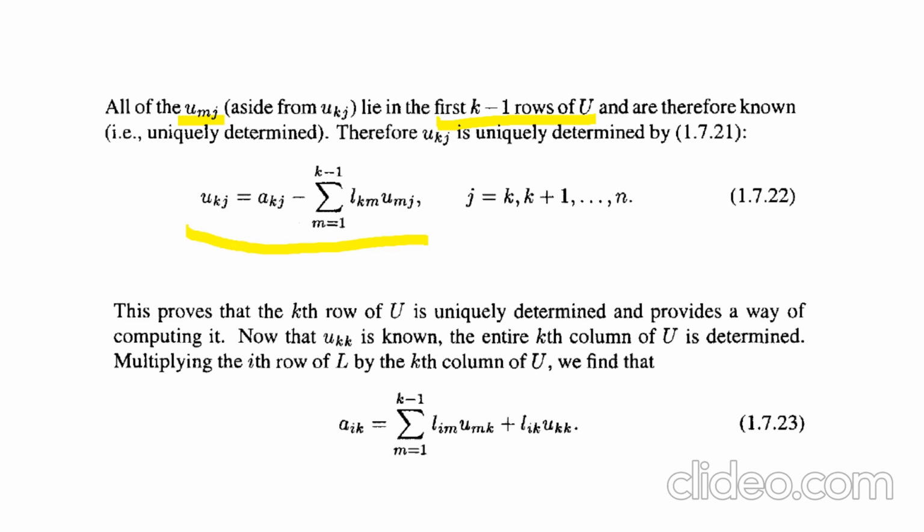Now that UKK is known, the entries of the kth column of L are determined. Multiplying the ith row of L, we find AIK in the form of a summation.